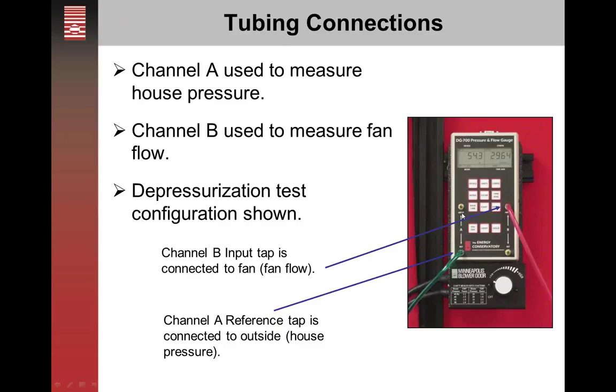You can do that, but just understand that you want to make sure you understand which way the pressure sign will be doing. When you see the display, if you were to place the input hose or the reference tap to the outside and put that on the input, you'll see a number that's negative, and you just need to understand what the sign of that value is and where we are making reference values.